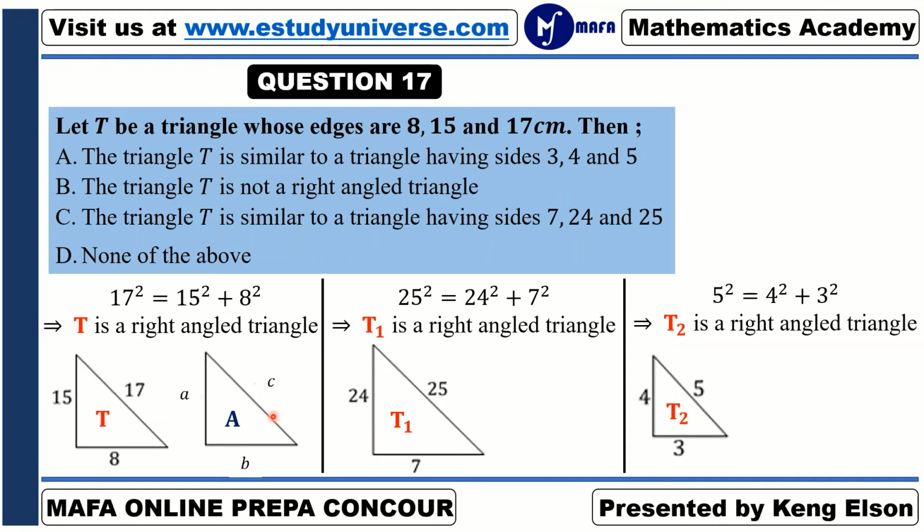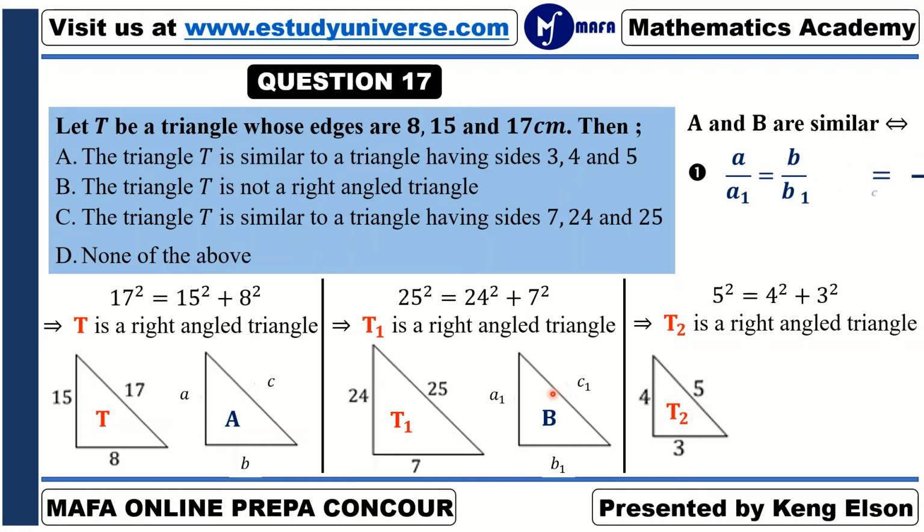I'm going to consider the triangle A here, and the triangle B here. Now we say that these 2 triangles are similar if and only if the first thing is that the ratio between their corresponding side lengths are supposed to be equal. So if I take A divided by A1, those are corresponding side lengths, it should be the same as B divided by B1, and the same as C divided by C1.